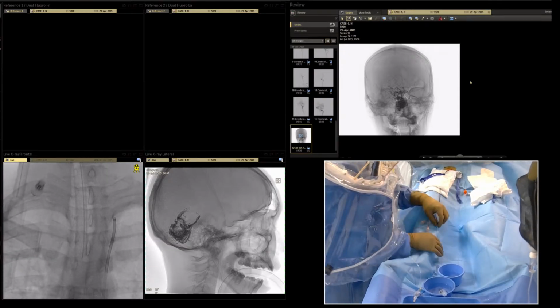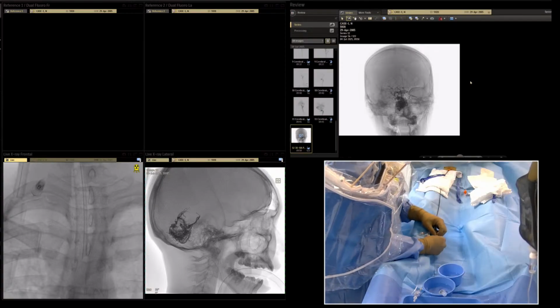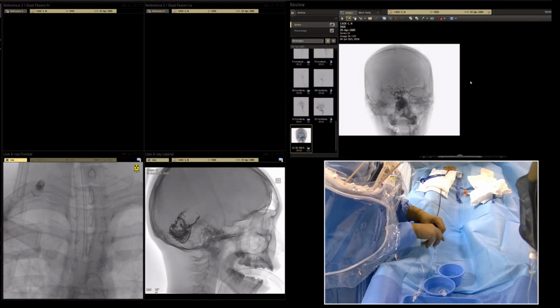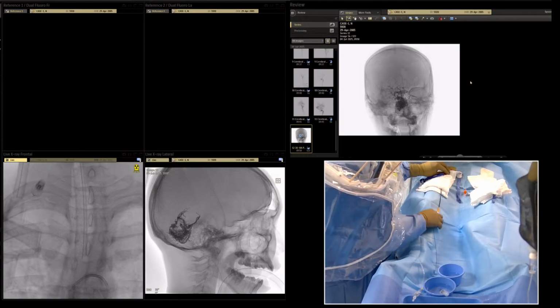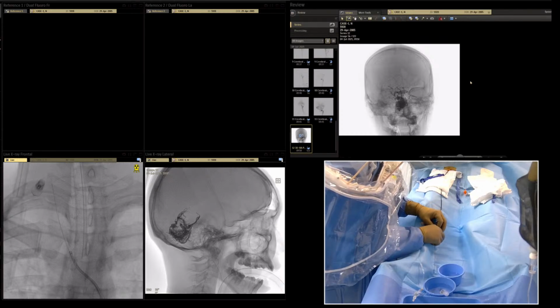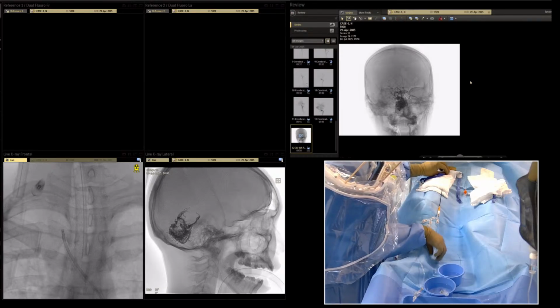First of all, I need to exclude the PICA from the circulation. I don't need to pay attention to the PICA during the embolization, because the catheterization of the posterior meningeal will be a little bit complex.